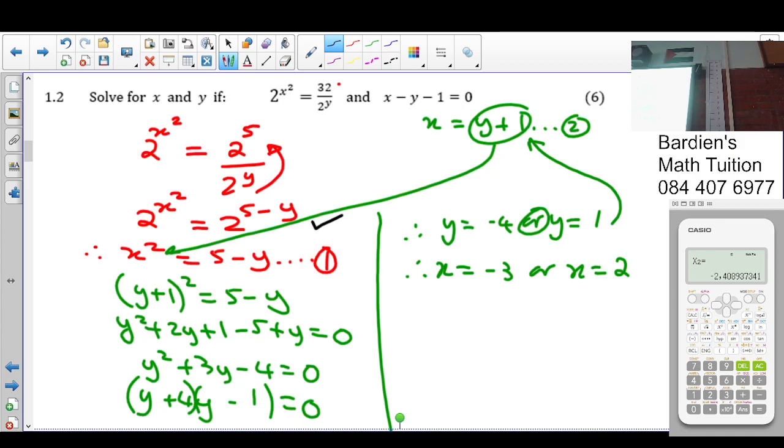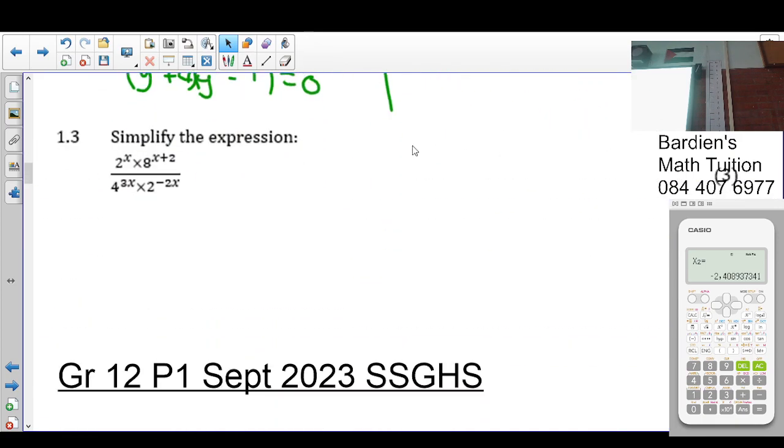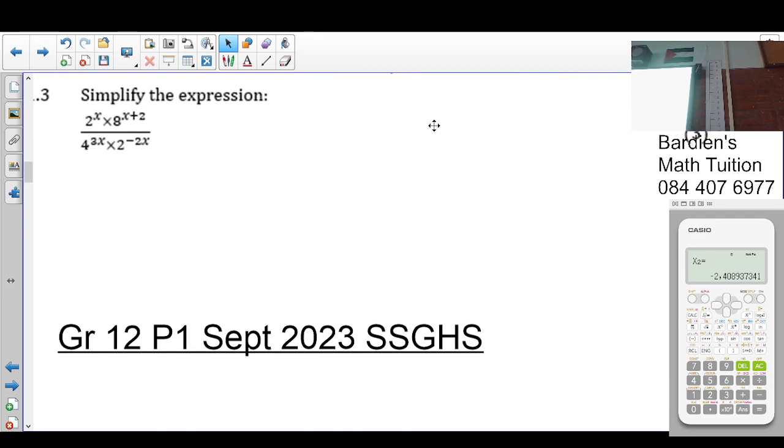So it's 1, 2, we're doing a substitution, 3, 4, 5, 6. So if you feel at any point that I mismarked you, you can bring it to me at the end of the session. Okay.